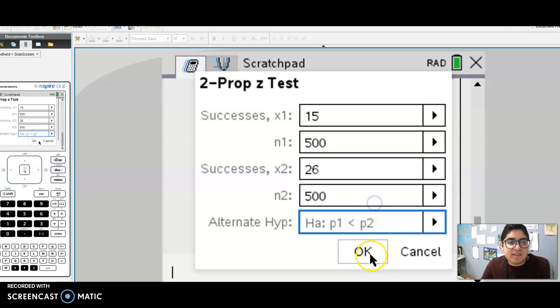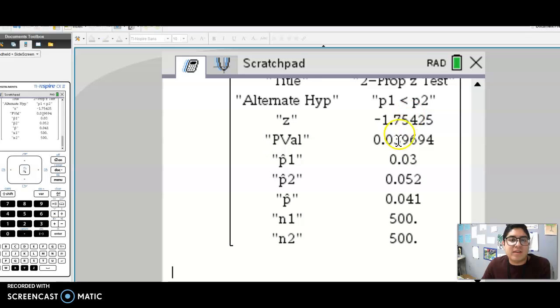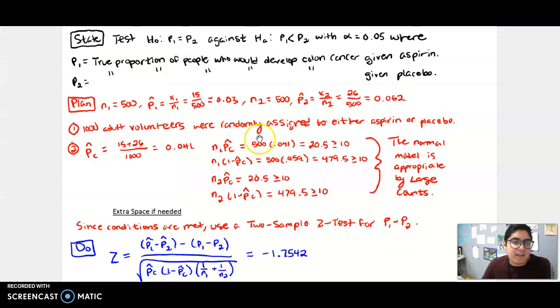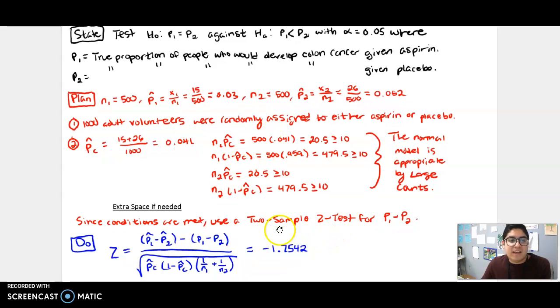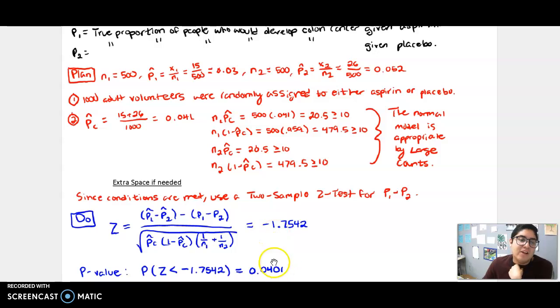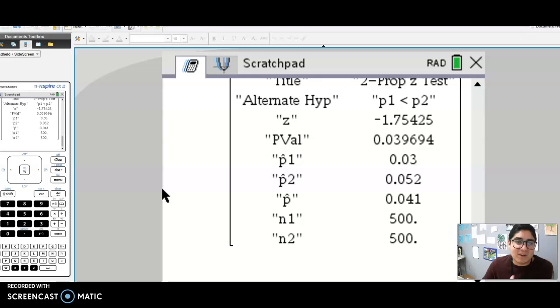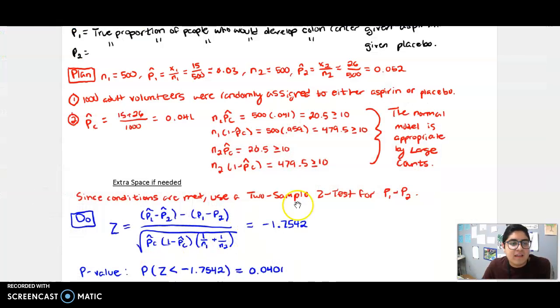And then we've got a less than here. We should get negative 1.75 and a p-value of about 0.037. So I'll check my notes here, and I get negative 1.7542. And again, remember, I use the z-table, so my p-value is going to be slightly different, about 0.04 compared to about 0.0396. Oh, comes out roughly the same, yay rounding.